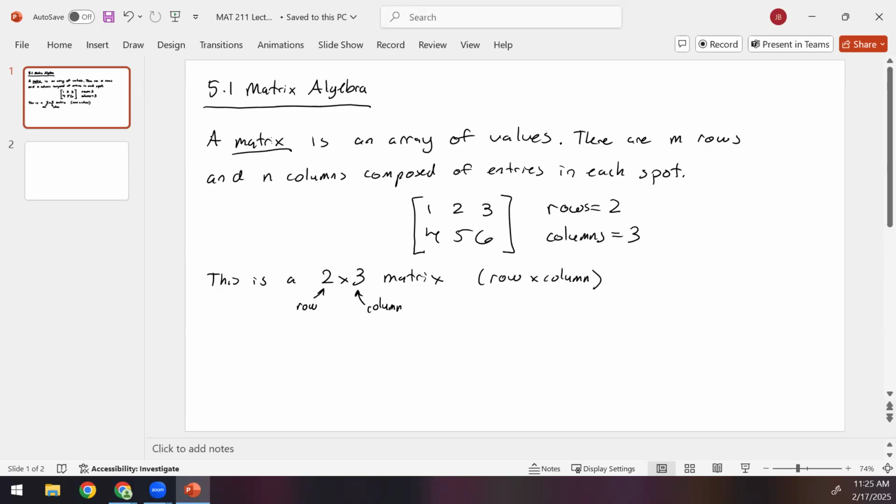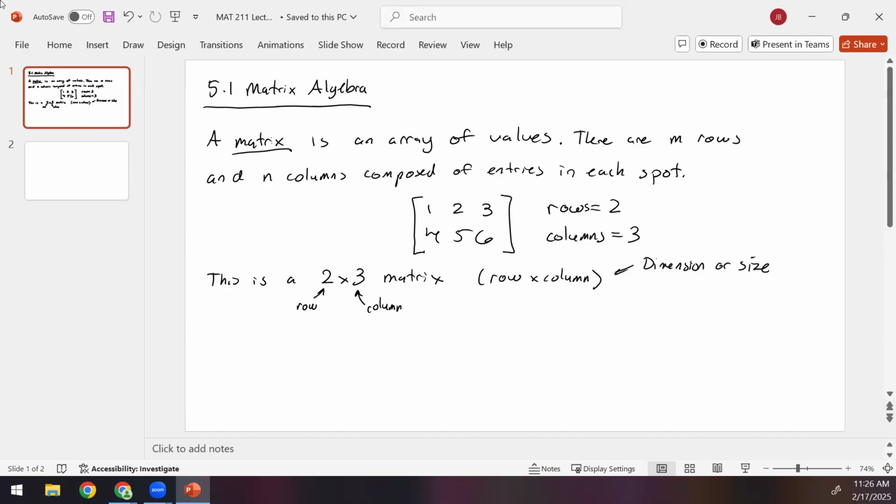And so we call that the dimension of a matrix or size. So this right here is the dimension. I prefer the word size because in linear algebra, dimension has a very specific definition. And so I try to avoid confusion there, but either of them make perfect sense.